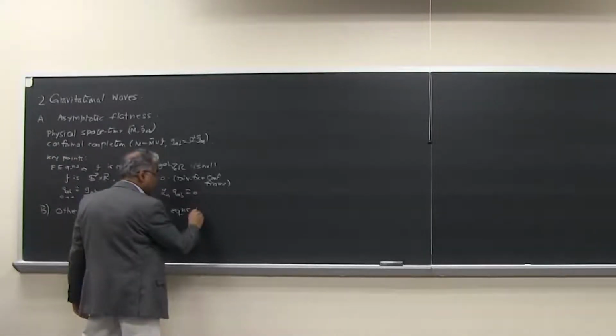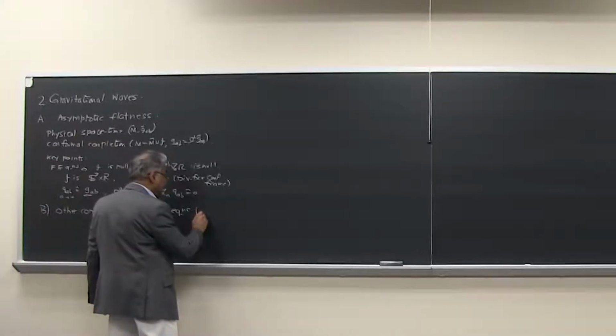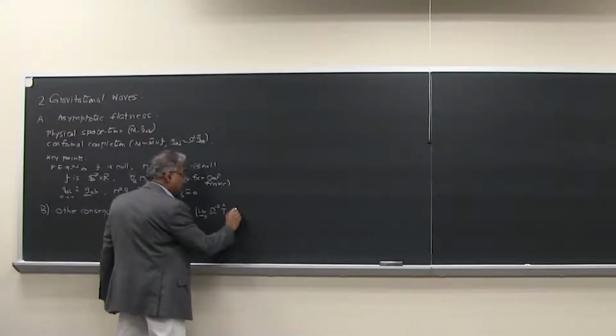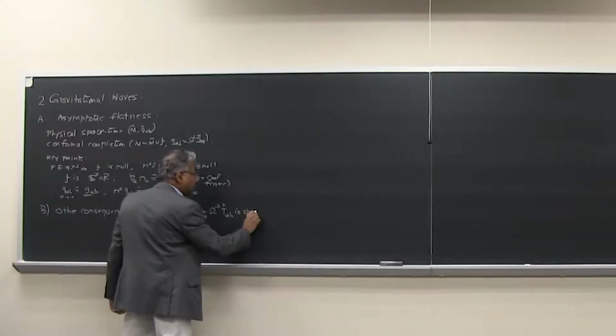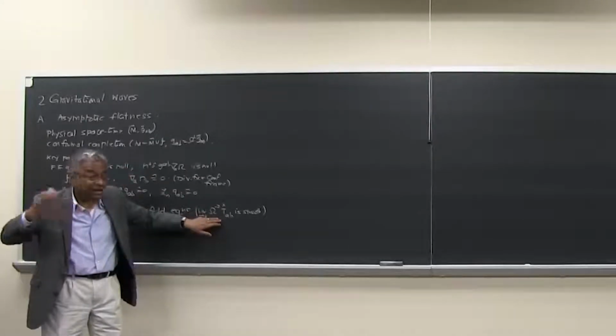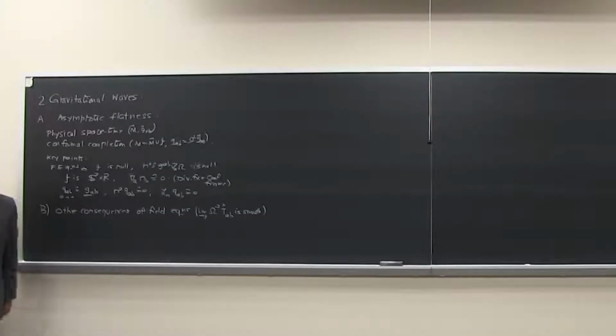So by this we just mean that we assume that the physical stress-energy tensor has the property that the limit to Scri of omega to the minus 2 times T hat ab, this limit, is smooth. That is to say, the stress-energy tensor vanishes at some rate near Scri, and that is what we mean by field equations up here.